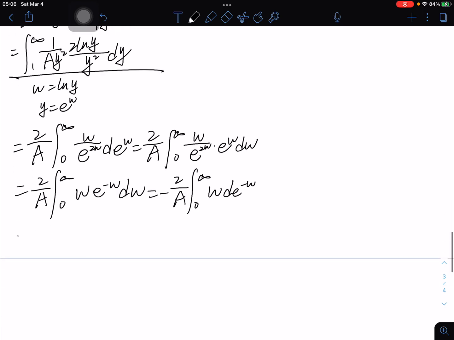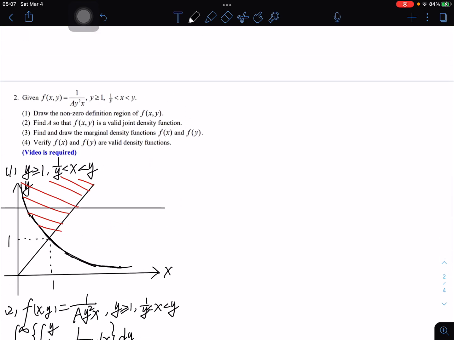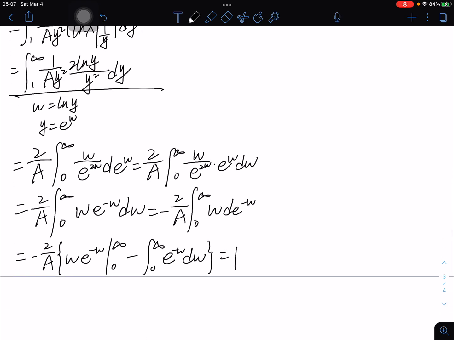In this way, we can find that a times w e to the minus w from 0 to infinity minus the integral of e to the minus w dw. We need to ensure that f(x,y) is a valid joint density function, so it is equal to 1. In this way, we can find that a equals 2.